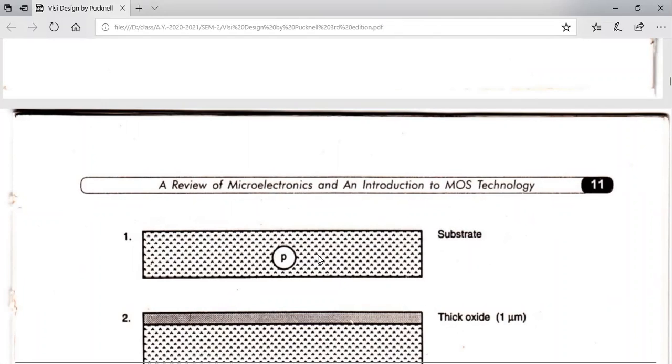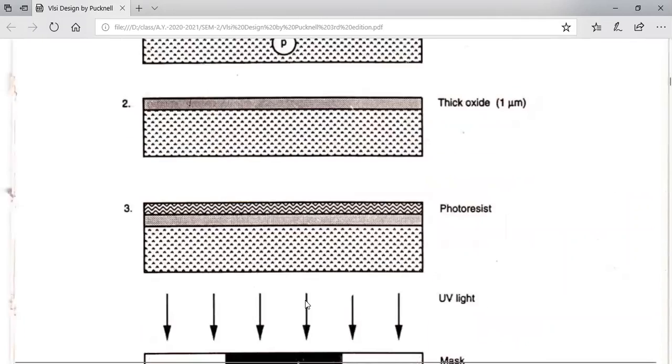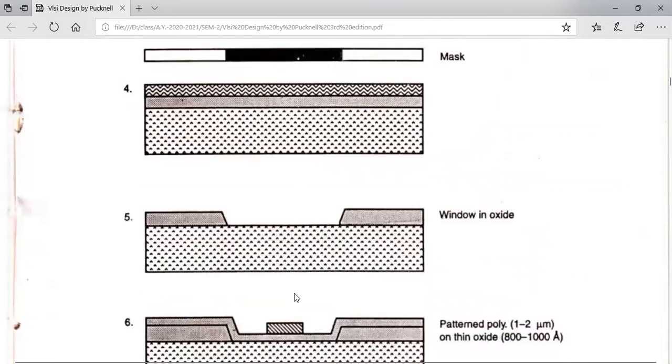So the major difference is, in the NMOS fabrication process we have a P type substrate, and in the PMOS fabrication process we have an N type substrate. The rest of everything will be almost similar.